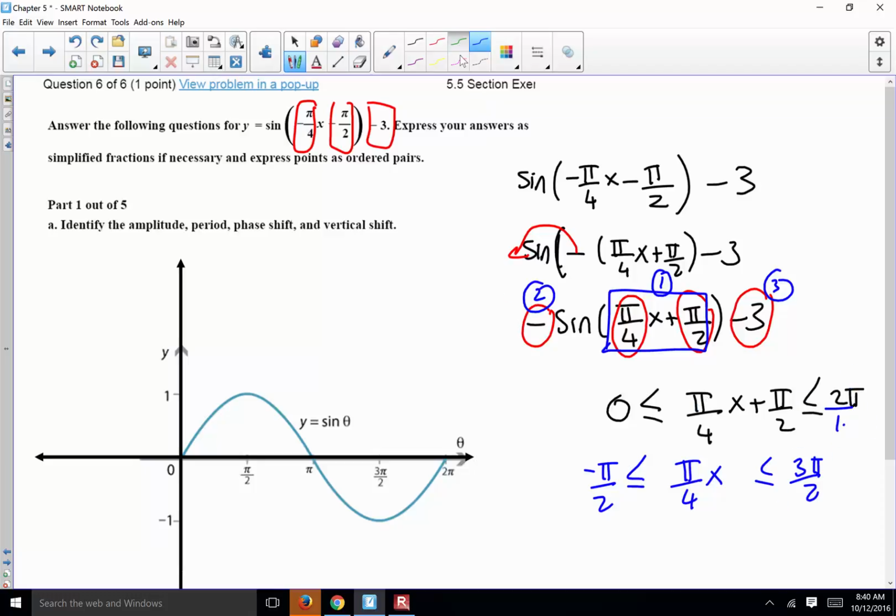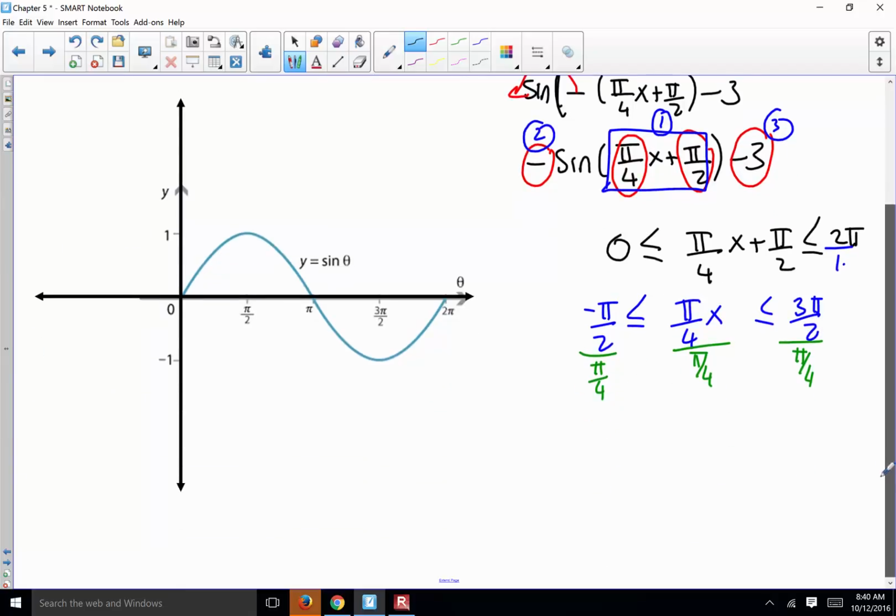And I divide both sides by pi over 4, all 3 sides. Alright, this is a little bit tricky. How do you divide one fraction by another? Perfect. We flip the bottom and multiply. These two cancel, you don't have to flip. There. Here, let's flip the bottom and multiply.